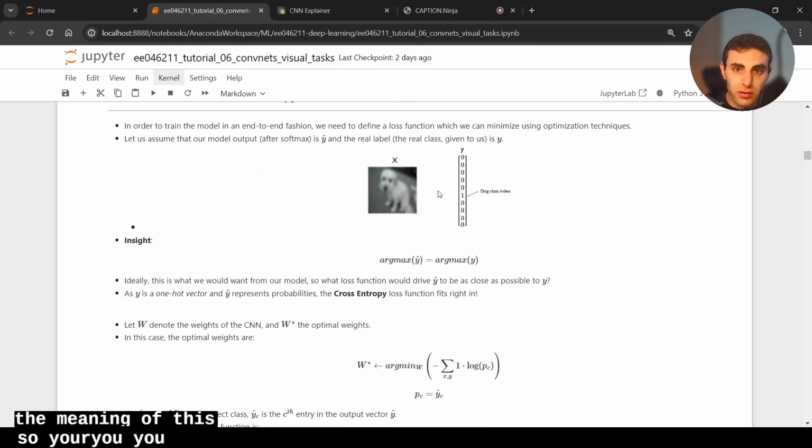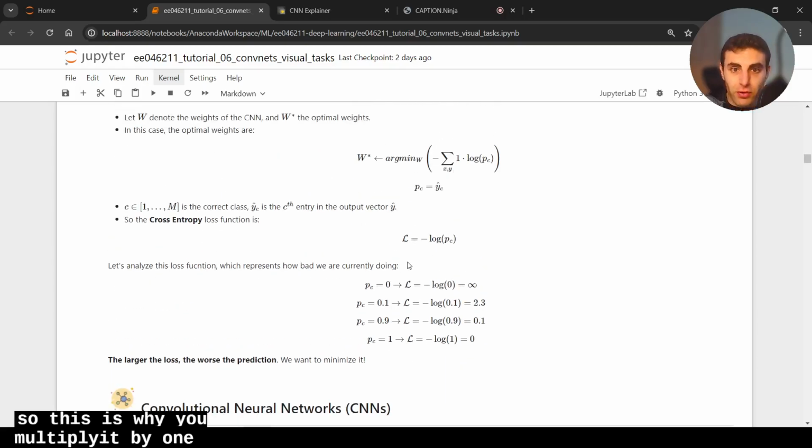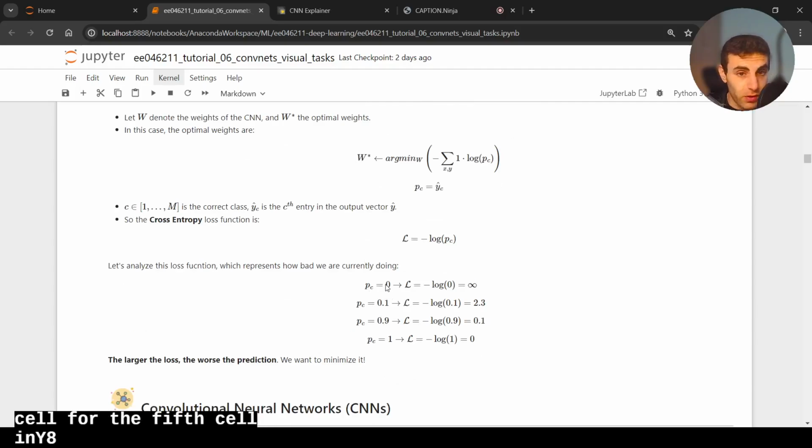You want this fifth or sixth entry to be 1, which is why you multiply here by 1. Now if the network outputs 0 for this cell, this means your ground truth is 1 and your network predicted a probability of 0, and this makes the loss function minus log 0, which is infinity. This means your network made a critical mistake because it got the output completely wrong.